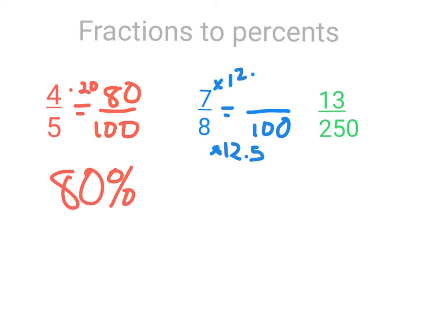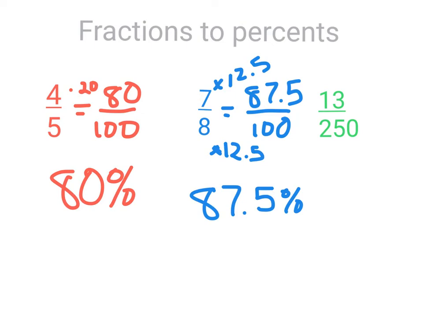Times 12.5. 7 times 12.5 is, hold on, let me do some mental math, 84 plus 3.5, so 87.5. Okay, so now we have 87.5, or 87 and 5/10, 87 and a half hundredths. So that would be 87.5%, right? 87.5 per 100, so 87.5%. That's what the cent means, again, is 100.